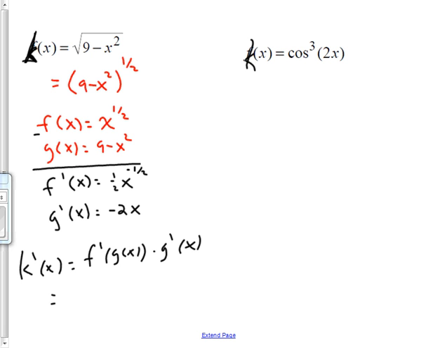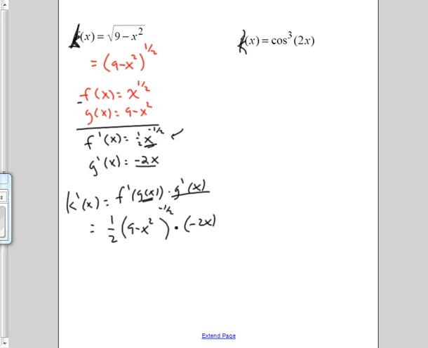So this equals 1/2, and instead of putting an x, let's put g of x, so 9 minus x squared to the negative 1/2, times g prime of x, negative 2x. Simplifying that a little bit, we get negative 2x over 2 times the square root of 9 minus x squared.